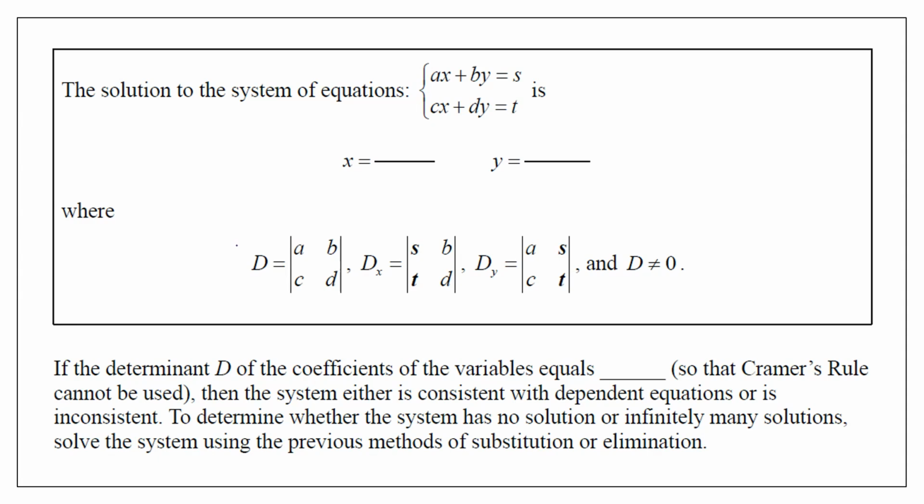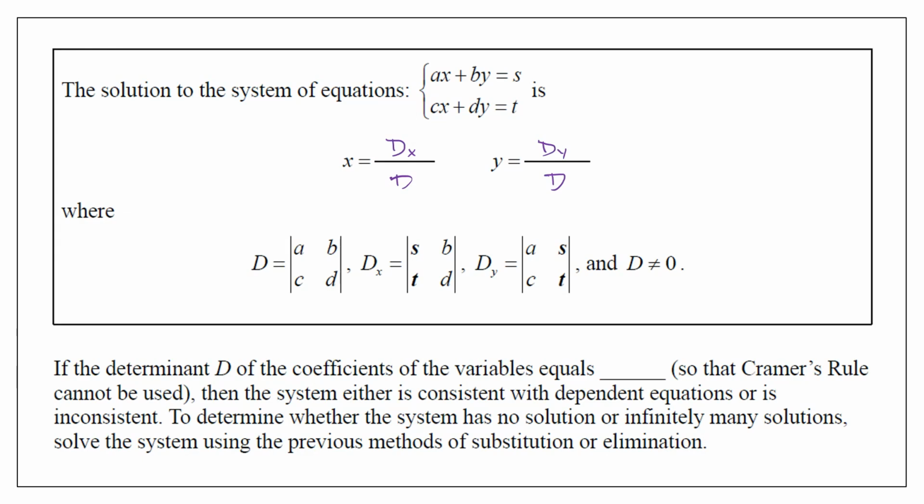The solution to the system of equations is x equals D sub x divided by D, and y equals D sub y divided by D, where D is the determinant AB, CD, D sub x is the determinant SB, TD, D subscript y is the determinant AS, CT, and D does not equal 0.